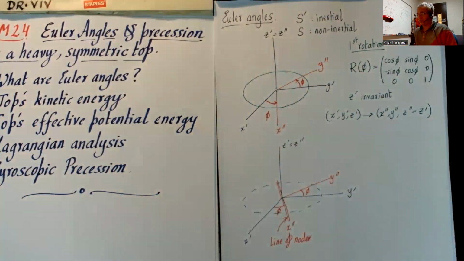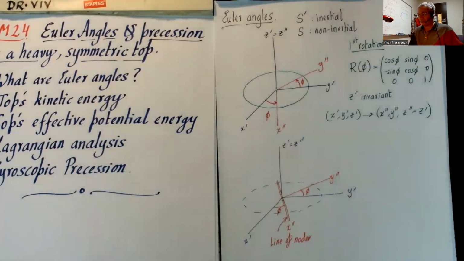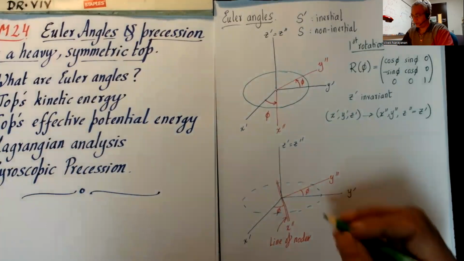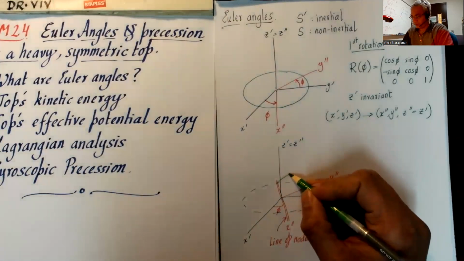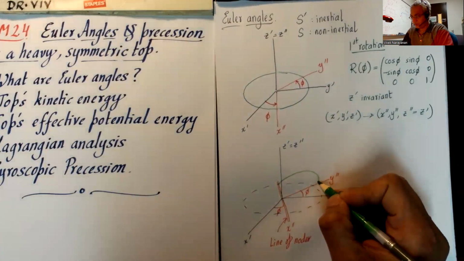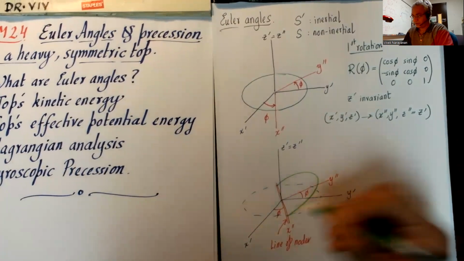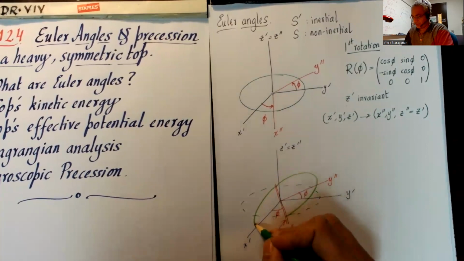Now the next angle is going to be theta, and that's going to be this rotation about the x double prime axis. So here I'm going to draw, you should try drawing it with me.